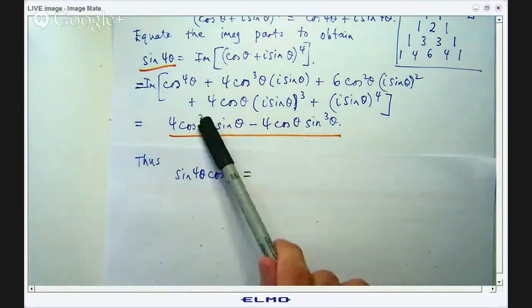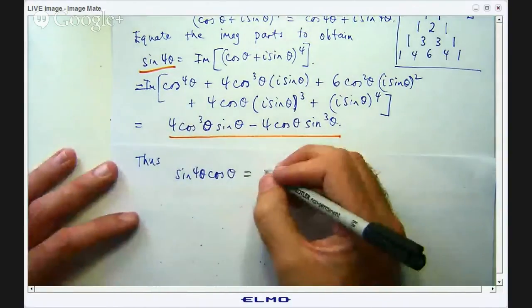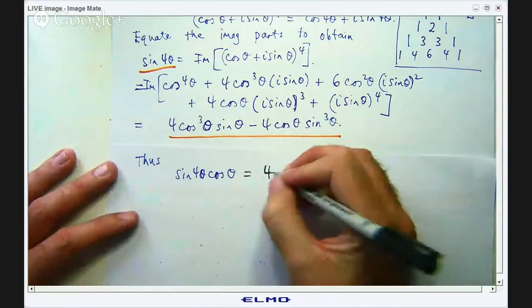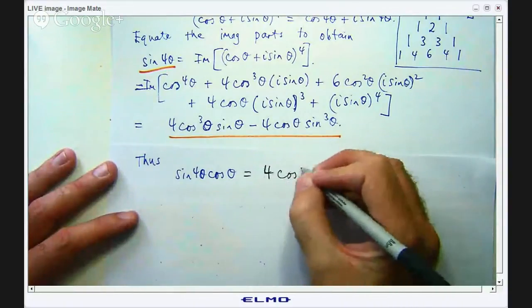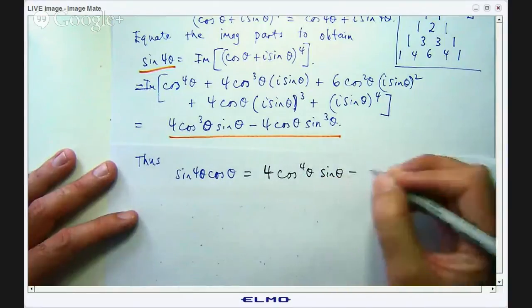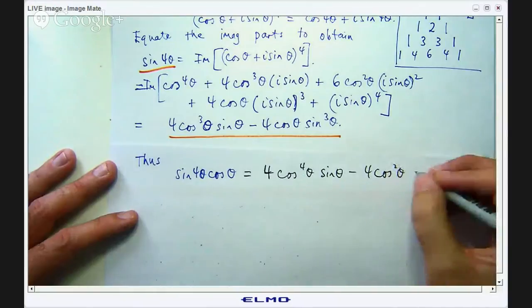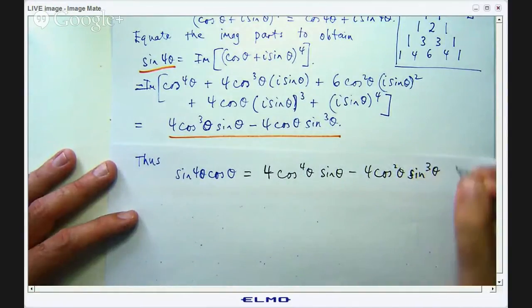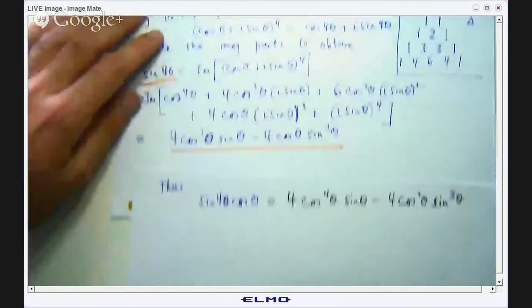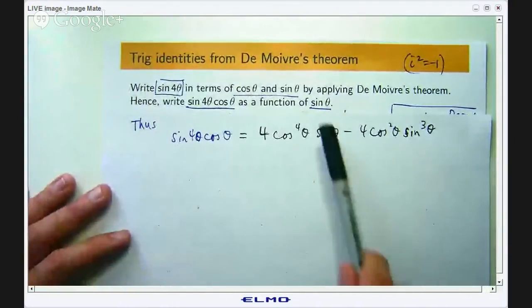So I'm going to get a cosine to the power 4 there and a cosine squared there. Okay, but I still don't really have what I want because I only want this part in terms of sine theta.